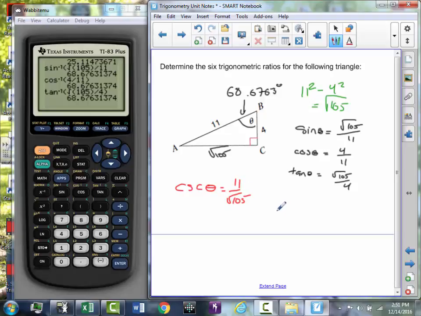That's all. And rather than having cosine be 4 over 11, its buddy is secant, it would be 11 over 4. And if we had a button for cotan, it would be 4 over root 105.